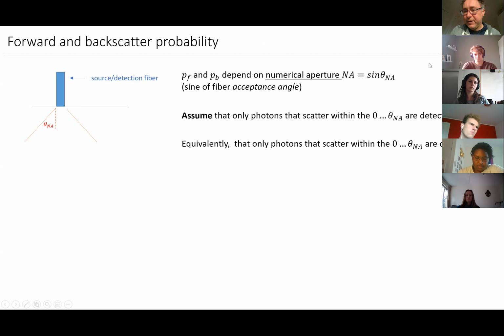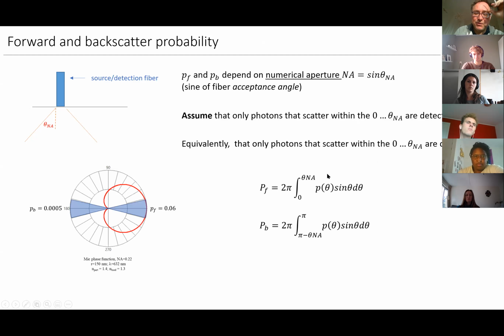So one way of looking at these forward and backward scatter probabilities is to assume that only photons that actually scatter within this angular range are detected, and the other ones will not be. In that case, you could, for example, define your forward scatter probability as the part of the phase function that contains angles up to the acceptance angle in the forward direction, and you could also do the same kind of evaluation in the backward direction.